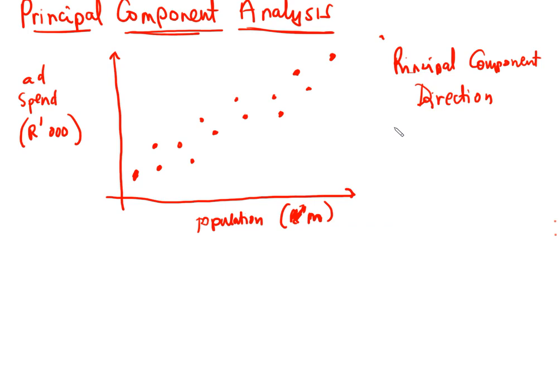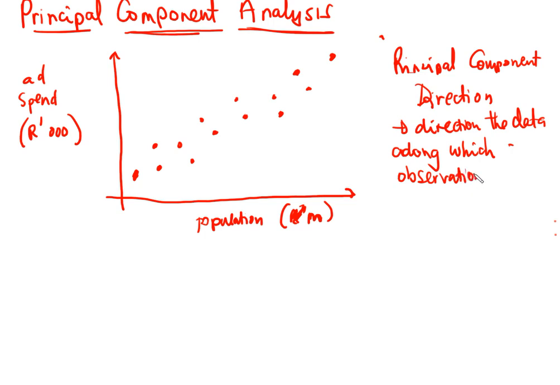This is defined as the direction along which the data observations vary the most, right? They vary the most in that direction. So that is called the principal component direction: the direction in which the observations vary the most.